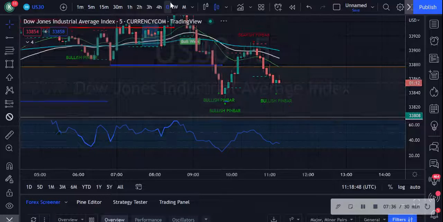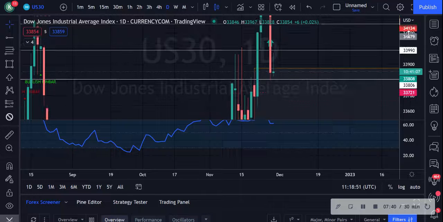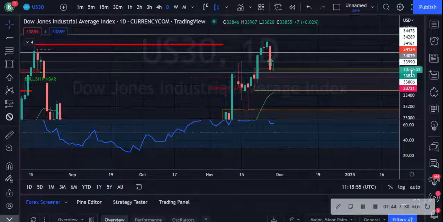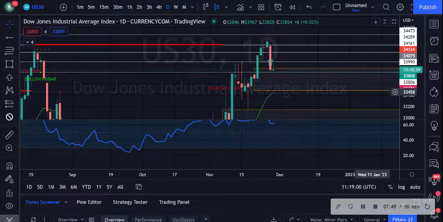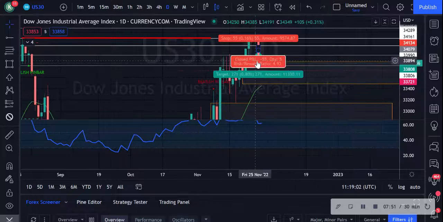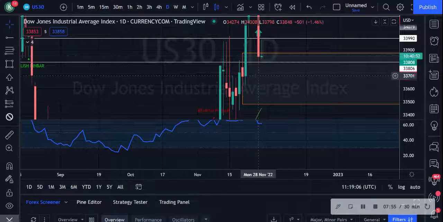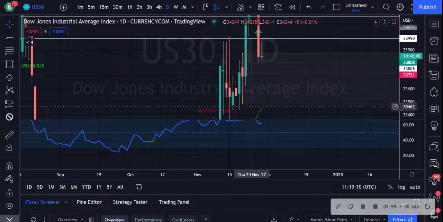So let's just go back up to the daily and do our analysis. Okay, so what we did say here is basically this reversal coming down here, and a candle forming for today, right? So it's come down here this way. Now, possibly price could reach, it doesn't need to go all the way to the bottom, to be fair.